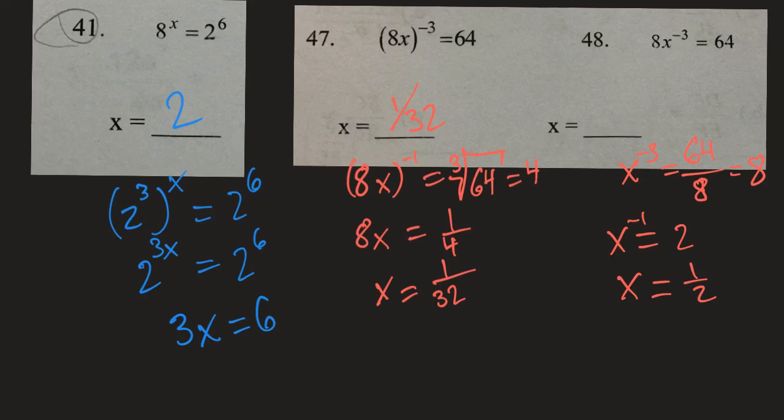So we divide both sides by 8, we get our x to the power of -3 is equal to 8. And then, just like before, we can cube root it. The cube root of 8 is 2, so x to the power of -1 is equal to 2. And then from there, we're just going to find the reciprocal. So x is equal to 1/2.